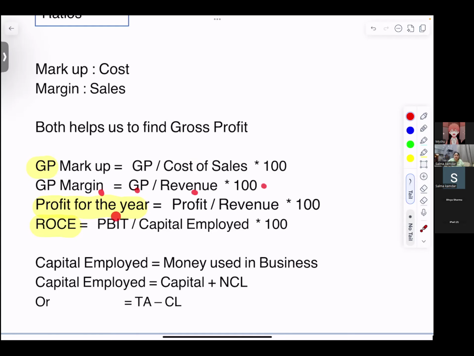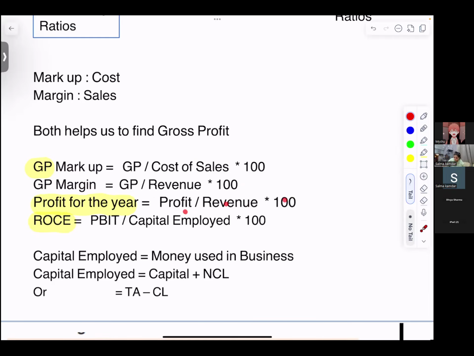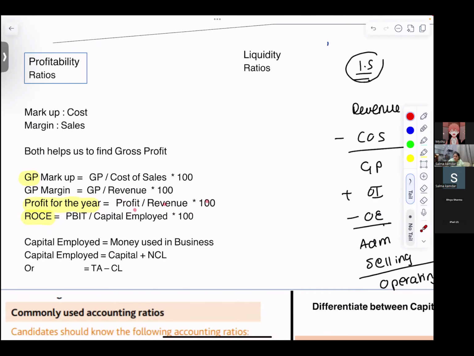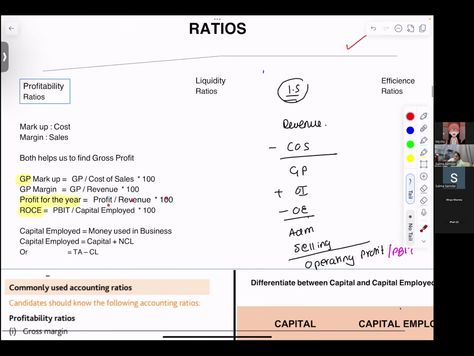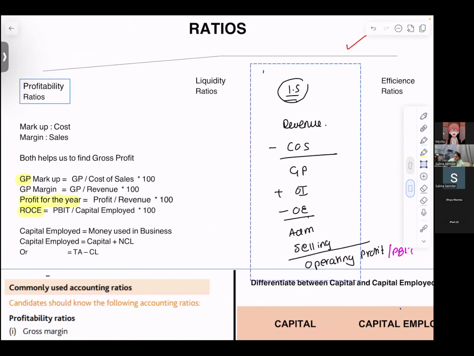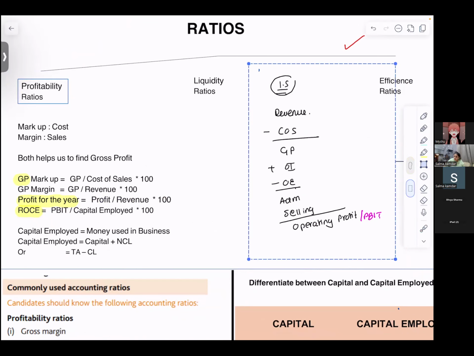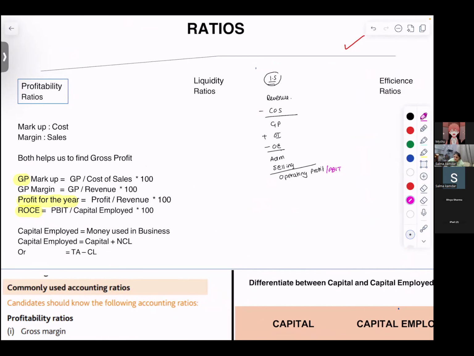If I want to find the profit for the year, the formula would be profit for the year divided by revenue. Now, which profit are you going to take? That is very important. We are going to take the very last profit. What is our very last profit? From the operating profit, you will also subtract the finance cost. What comes in the finance cost?